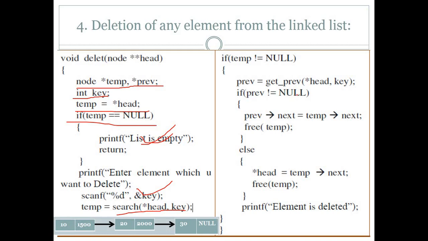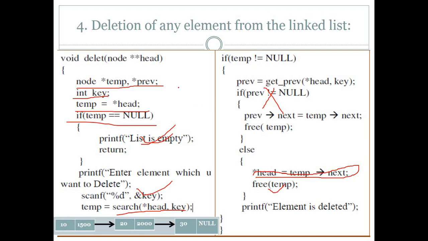If previous is not equal to null, then we do previous next is equal to temp next and free the temp. Otherwise, if this condition is false, then head is equal to temp next, and we free our temp.